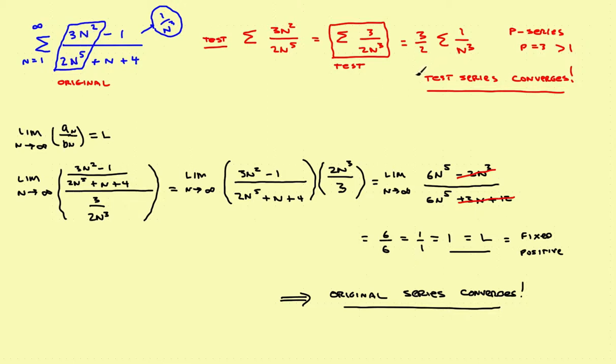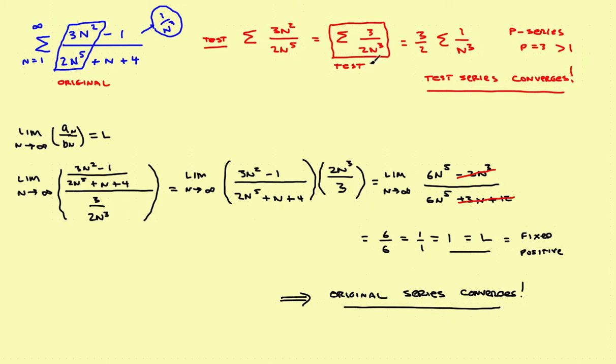Now again, this is what we did in the last video, so nothing new here, we'll just run through it again. So this was your test series. The n simplified, and it simplifies down to 3 over 2n cubed. Now this is important because the order of magnitude of the original series and the test series are both n cubed.